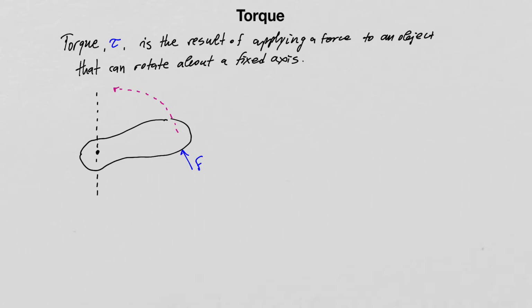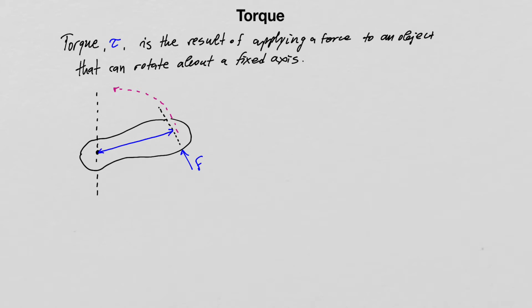What is the definition of torque then in terms of that force? In order to write down the formula, we also need to know the distance from the axis of rotation to the line where the force was applied. The force was applied along this straight line, and therefore the distance from this line to the axis of rotation is that much.